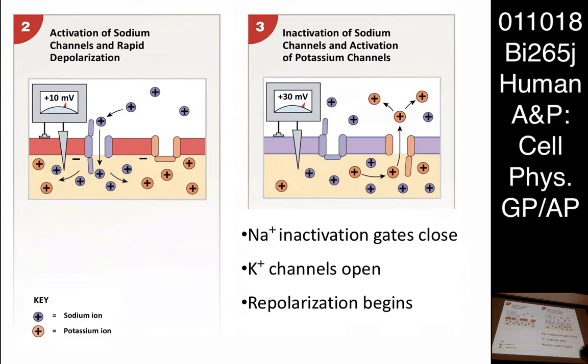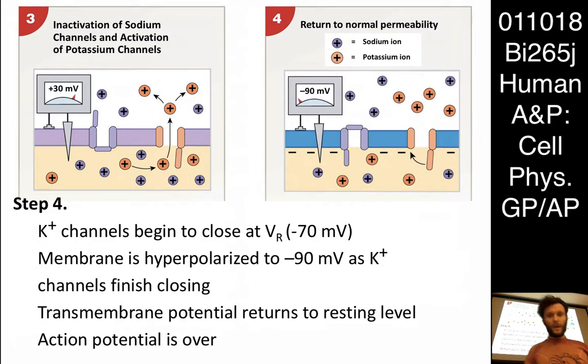We're going to now reset the membrane potential. Potassium is going to start ripping out of the cell. We're going to head towards minus 90. These gates are going to reset in the sodium, and when we get up to minus 90, this gate is going to shut.